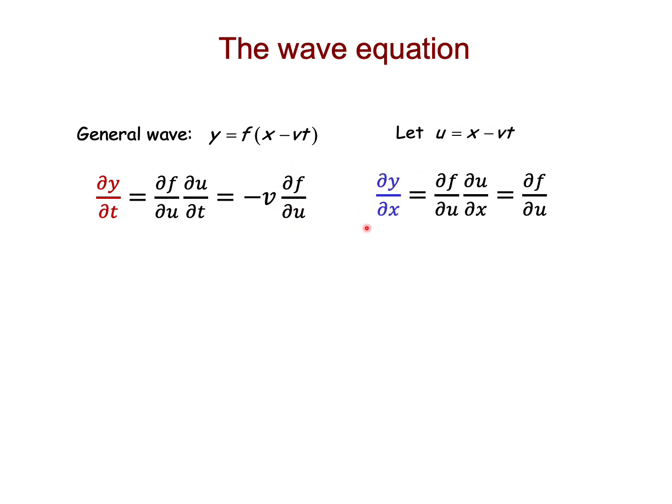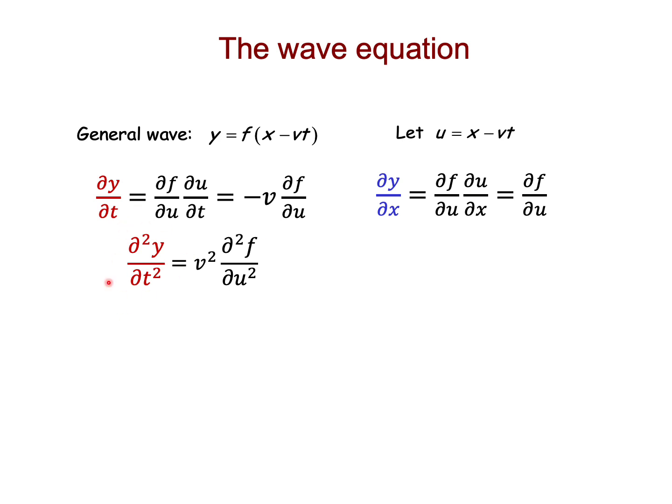Similarly, we can take the x derivative, and we get that del y del x is equal to del f del u times del u del x. And the derivative of u with respect to x is just 1. So we end up getting that the partial derivative of y with respect to x is equal to the partial derivative of f with respect to u. We can also take the second derivative of both of these with respect to time and space.